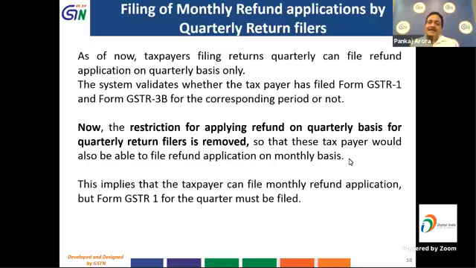They can select monthly, more than a month, or quarterly period, as the case may be, while filing refund claim applications. But it is necessary that once you file the refund application, returns GSTR 3B and GSTR 1 for that period must have been filed.